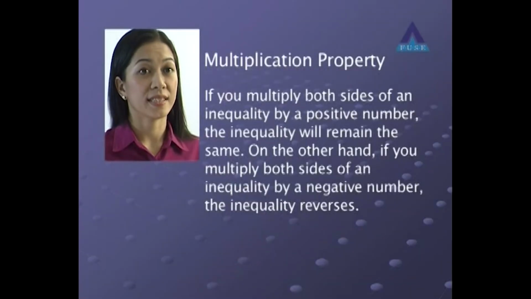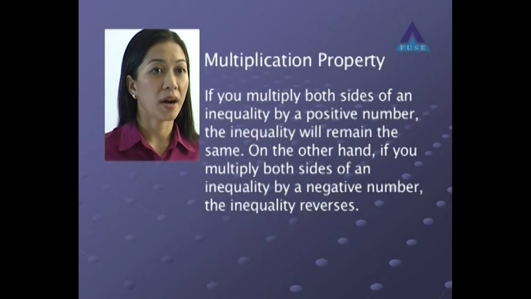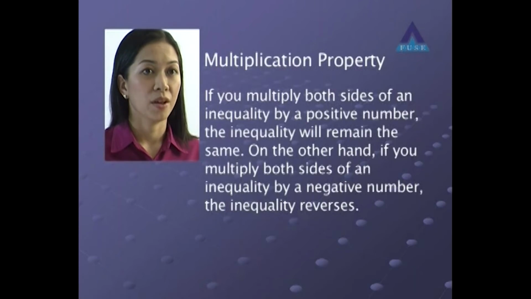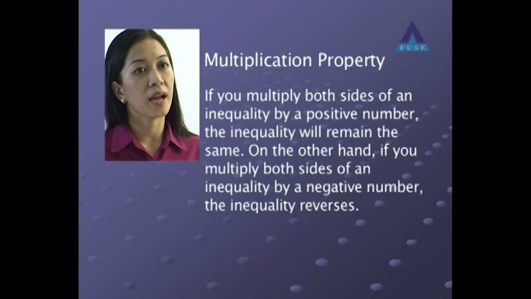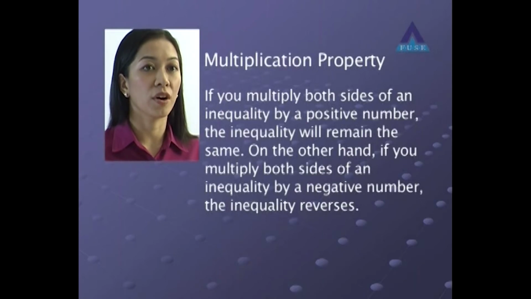This property states that if you multiply both sides of an inequality by a positive number, the order of the inequality will remain the same. On the other hand, if you multiply both sides of an inequality by a negative number, the order of the inequality is reversed.